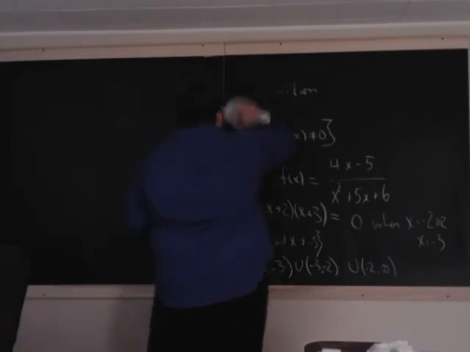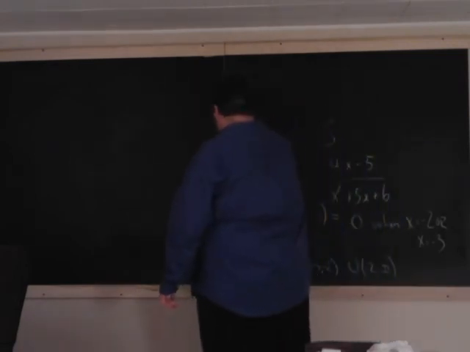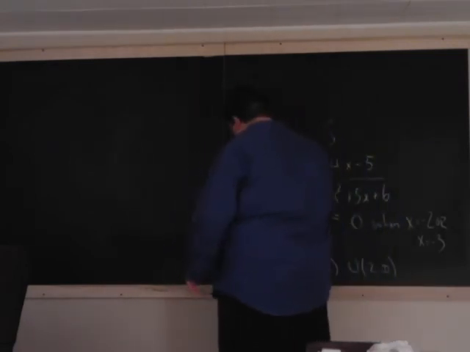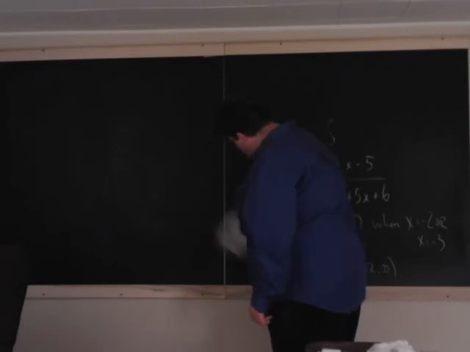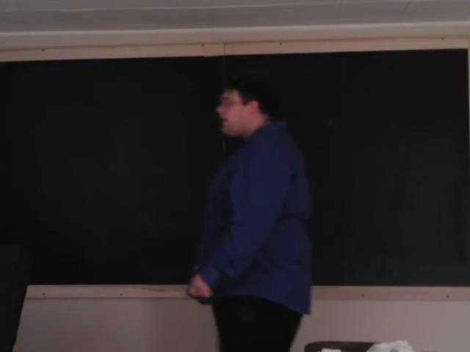So a root function is a function which is the root of something. We have a square root, could have a cube root, a fourth root, and so on. So let's define a root function.